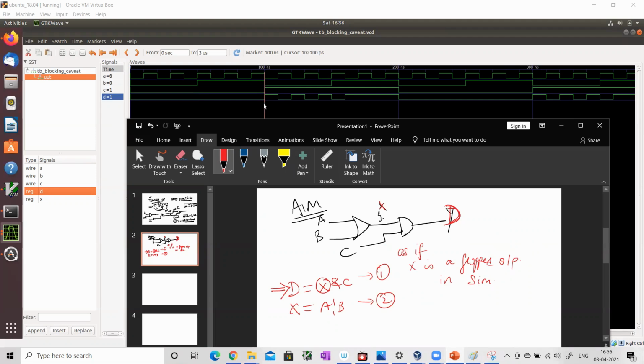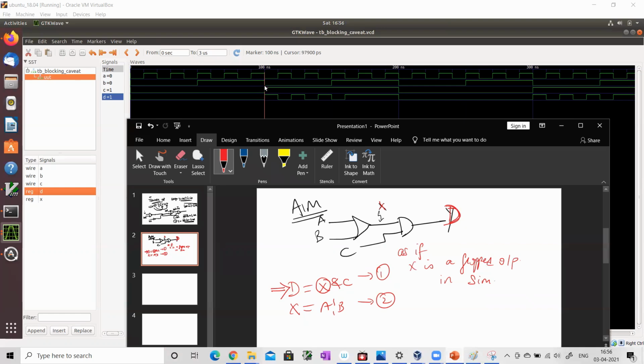Look at this point here, please. Kindly focus on this point. Here A is low, B is low. That means A ORed B will definitely be low. The output of OR gate, the X is definitely low here. And if I AND it with C, definitely the output should be 0 here at this point, correct? But what is happening?